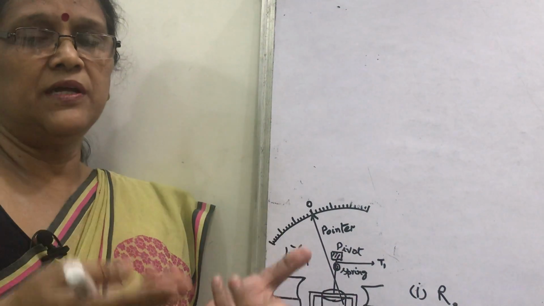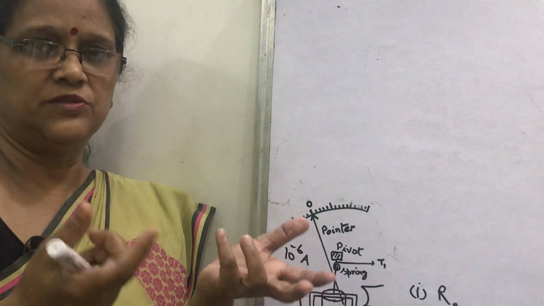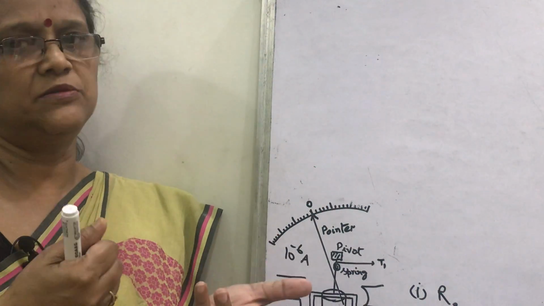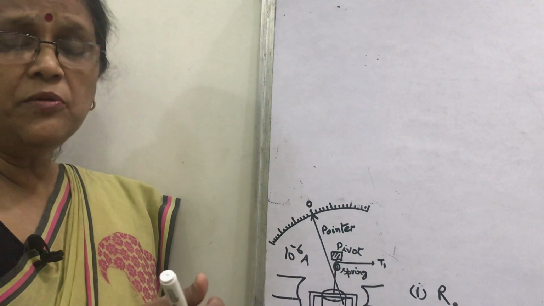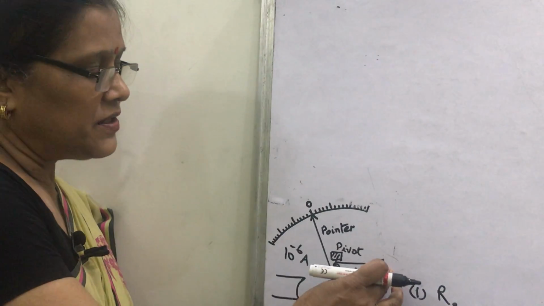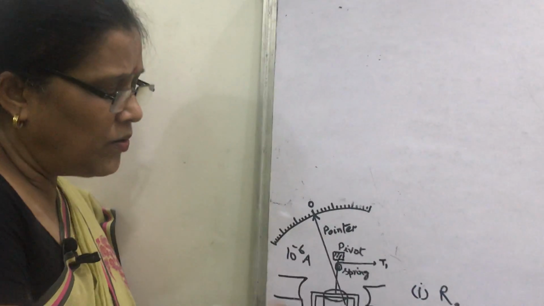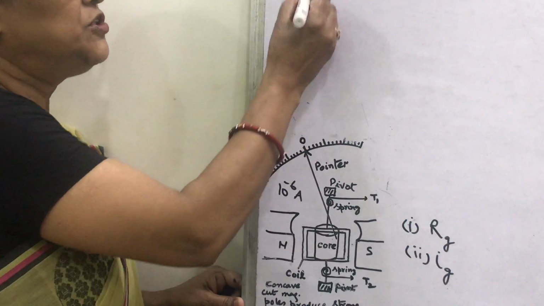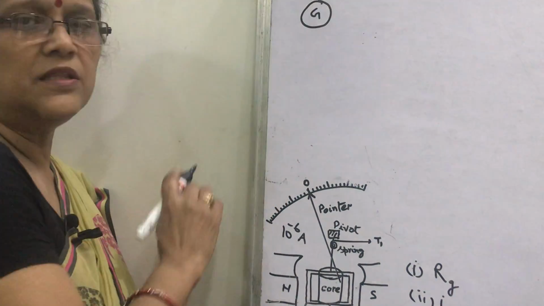So why is the ammeter to be connected in series in a circuit? Because its role is to measure the current in a circuit. The whole current should pass through it, so it is to be connected in series. Now, how to make an ammeter? Look, these are the terminals T1 and T2, and the whole figure I can show for the galvanometer by writing it in this way.